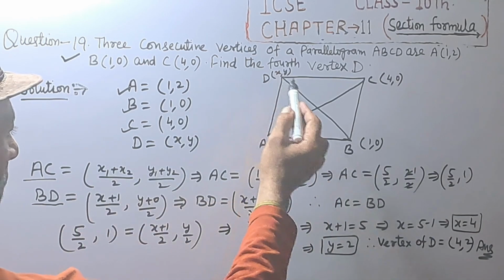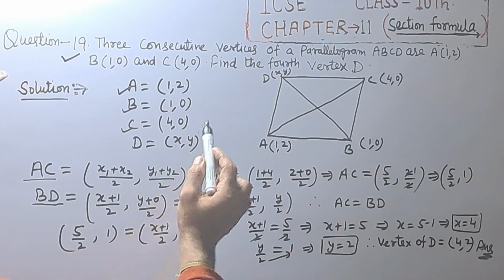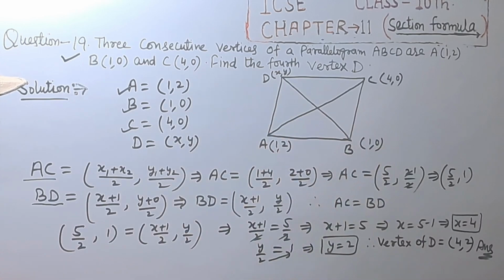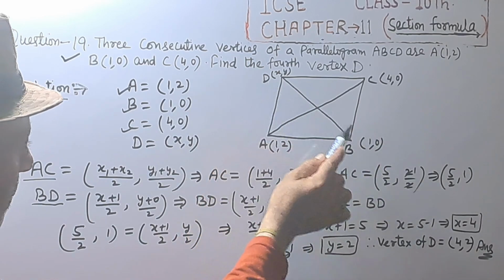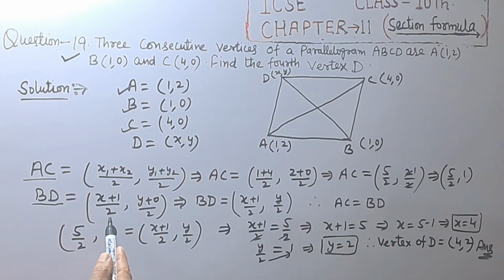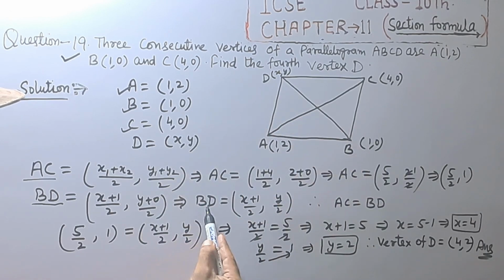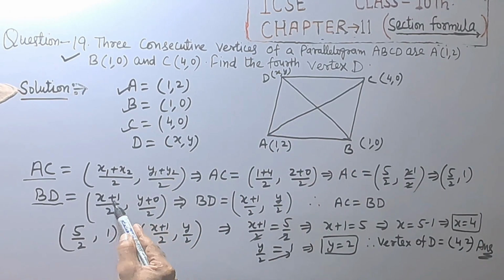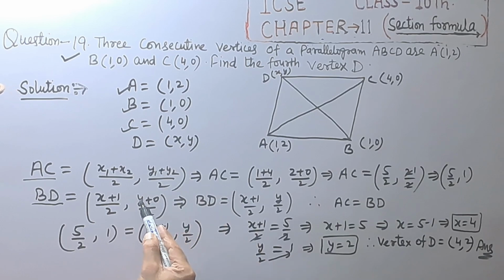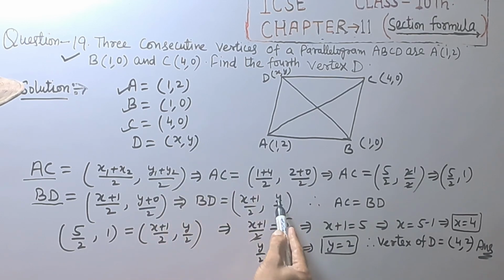that is ((x1 plus x2) upon 2, (y1 plus y2) upon 2), (x plus 1) upon 2, (y plus 0) upon 2, which implies BD is equal to (x plus 1) upon 2 and y plus 0, that is equal to y upon 2.